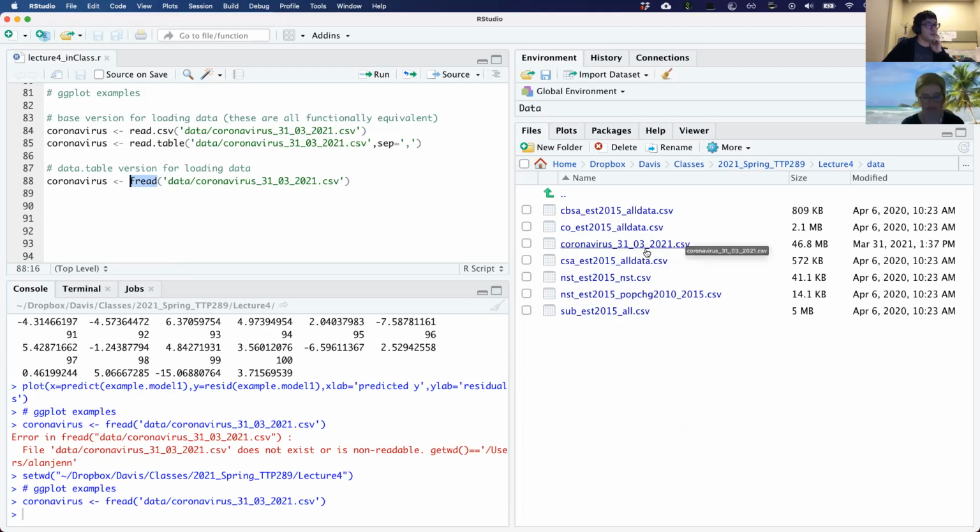This particular data is not huge, but even for something like this, I'm almost certain you would see a noticeable difference in the load time between the data table and the base version.